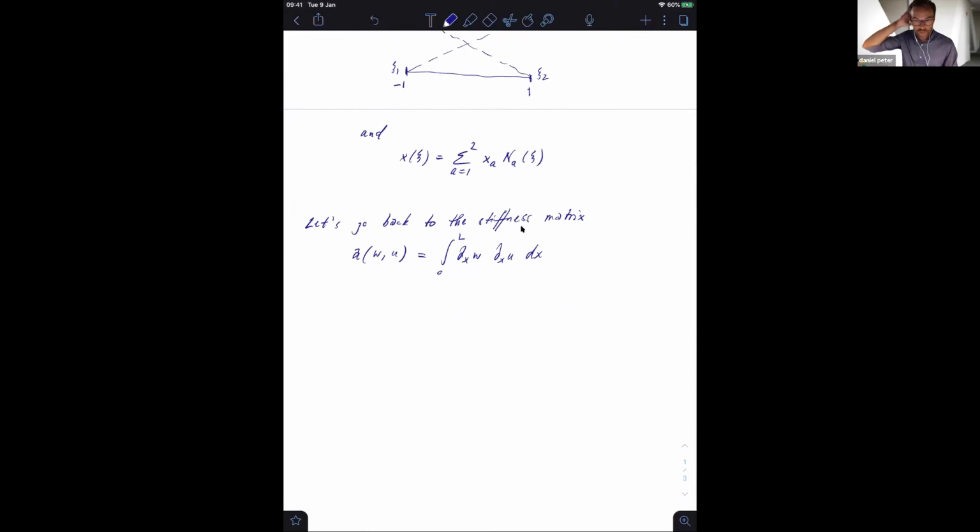And for the stiffness matrix, the two functions are the shape functions that we had, NA and NB, for example.